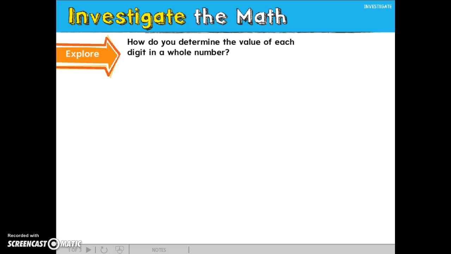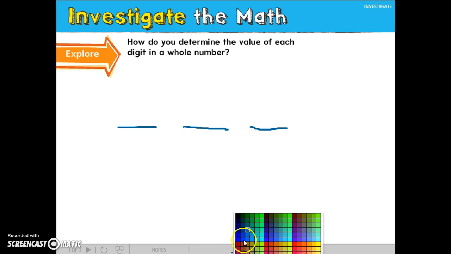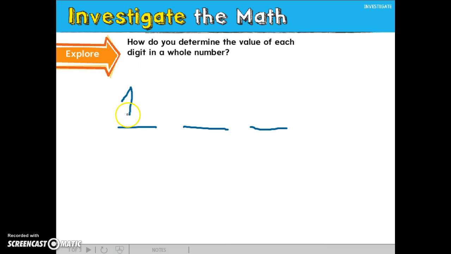And remember, for example, let me draw this out real quick. Let's say I have 3 spots. And in my 3 spots, I end up writing the number 123, okay? Some of you might get confused in thinking that the biggest number is the 3.